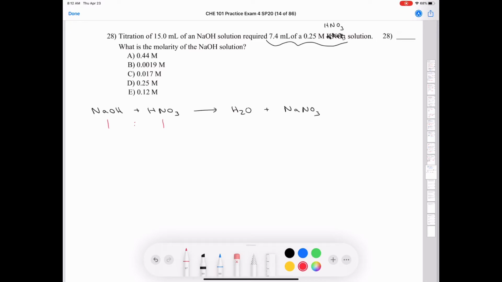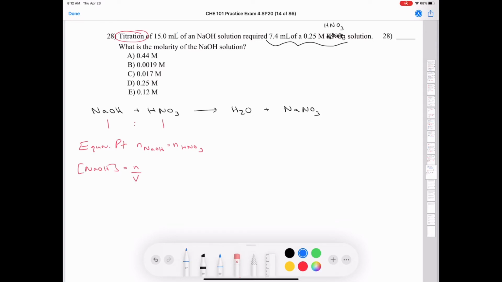And since we're doing a titration, when we get to the equivalence point, we will know that the number of moles of sodium hydroxide will be equal to the number of moles of nitric acid. Therefore, in order to calculate the concentration of sodium hydroxide, we need the number of moles of sodium hydroxide divided by the volume of sodium hydroxide.